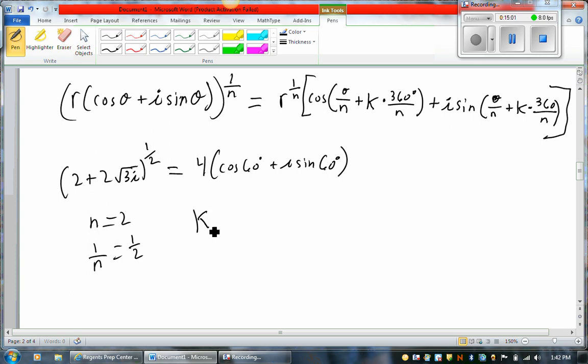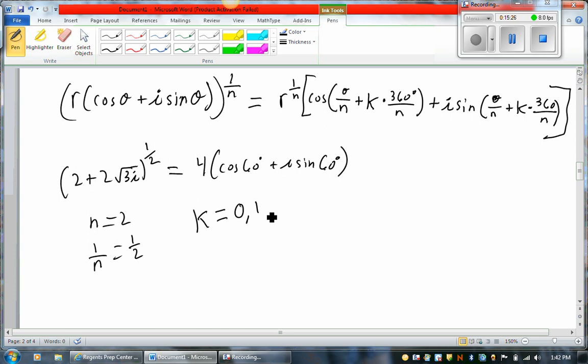We also know this value for k. Now k appears in the formula over here. K can be any number, or most of the time multiple numbers, starting at 0 and ending at n minus 1. So in this case, n is 2. So k could be 0, it starts at 0. Next one is 1, and that's n minus 1, 2 minus 1 is 1. So k can be 0 and 1.